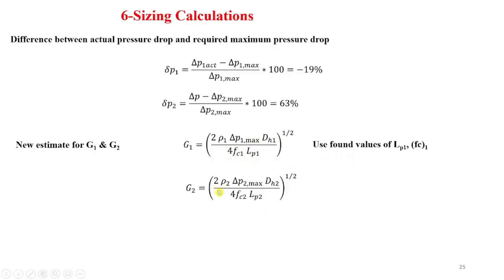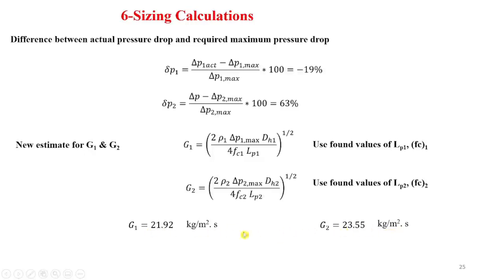We do the same thing for G2, using the allowable pressure drop, the calculated friction coefficient and the length of the heat exchanger along side 2, and we find G1 and G2. For our example, when we substitute these values, we find G1 is 21.92, which is totally different from the initial value of G1, and G2 is 23.55, the unit is kilogram per meter square per second also.